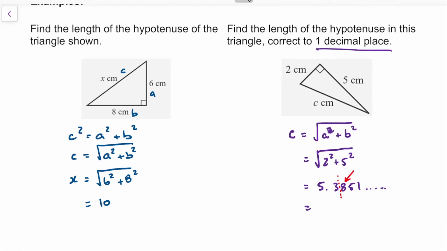The next number along is above halfway. Therefore, my 3 becomes a 4. So 5.4 centimeters, and we should always make sure we put in our units of measurement.